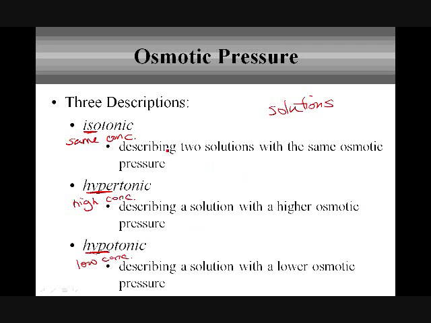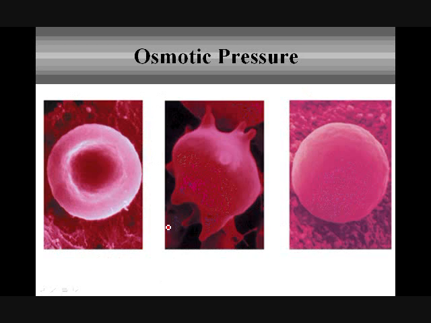So we should know that in an isotonic solution, we're talking about two solutions with the same osmotic pressure or with the same concentration. And in a hypertonic solution, it's a higher osmotic pressure, a higher concentration, and so on and so forth. And we should know exactly what happens when we look at hyper, hypo, and isotonic solutions.